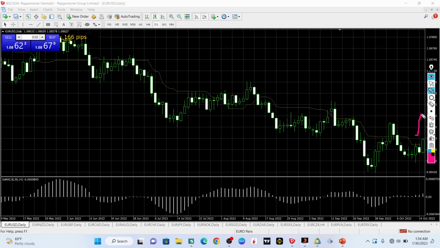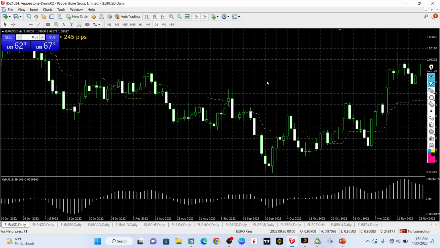Up here, this is also a signal to buy, but the price is supposed to be within the 1 ATR zone. 1 ATR zone means that the distance between the closing price and the baseline is supposed to be 1 ATR at most. There's a different type of ATR I'm using.